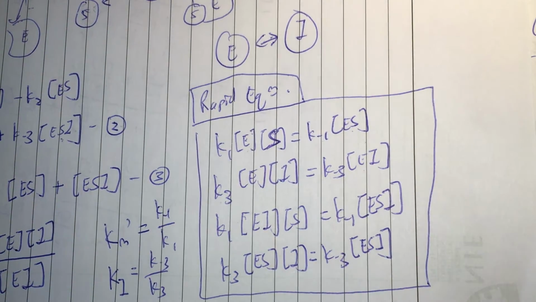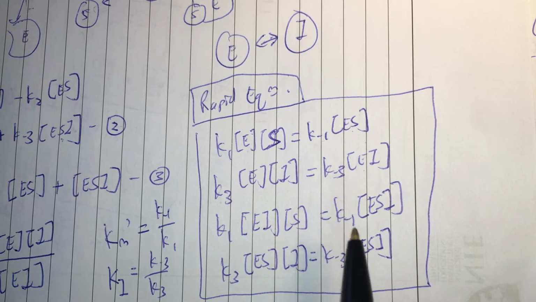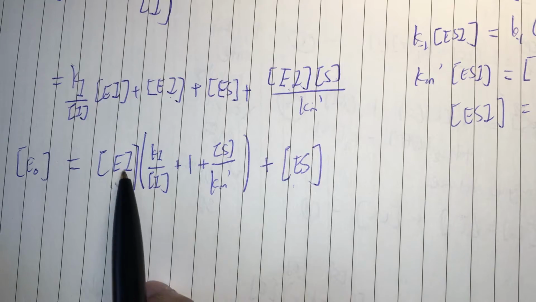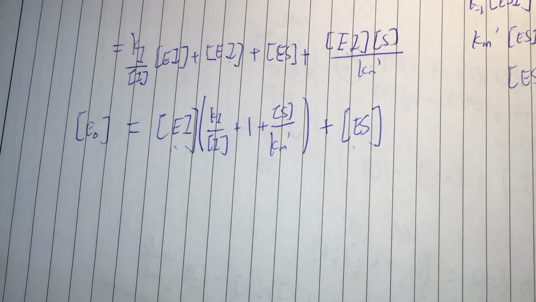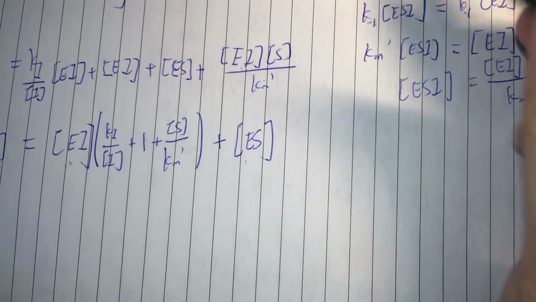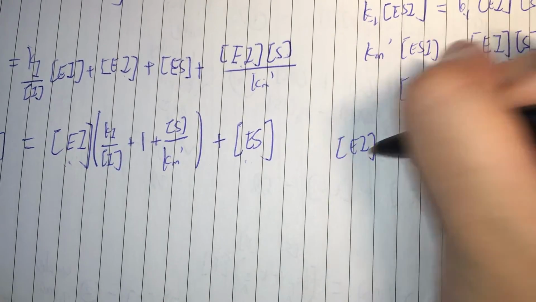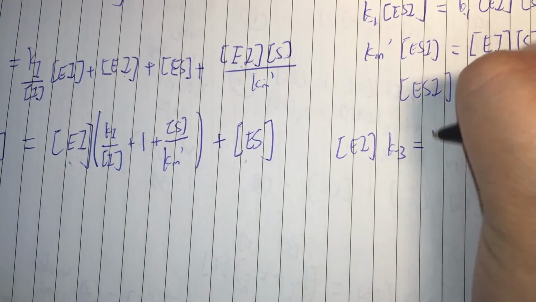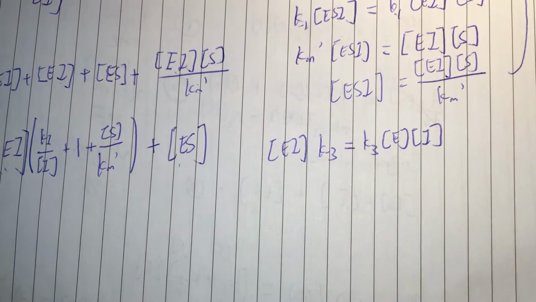It appears that maybe I made a little inefficient move earlier, because I'll have to use two steps to convert this into an ES term. We'll still have to do that anyway, but no matter, let's carry on. So let's have EI times K minus 3 equals K3 times E times I.